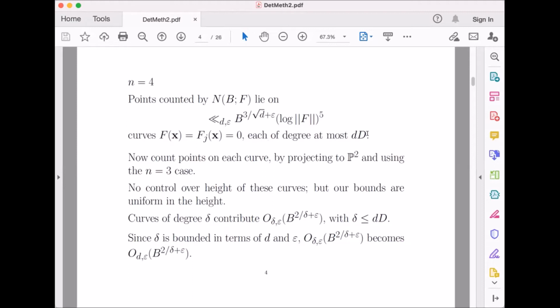So this is why uniformity with respect to the curve, a bound that only depends on the degree, is so important. So, for example, if you wanted to count the points on these curves using Faltings' theorem, you would have a bound which is finite, but depends in some complicated way on the curve, and we don't have the information about what this curve is like.